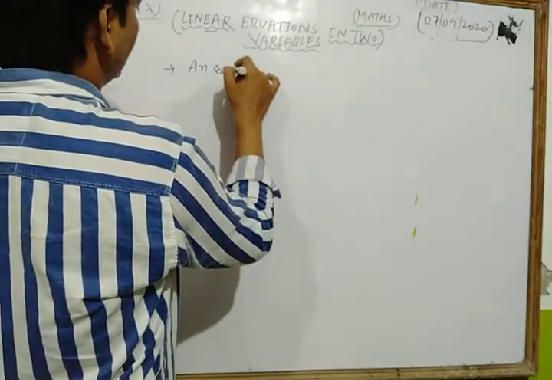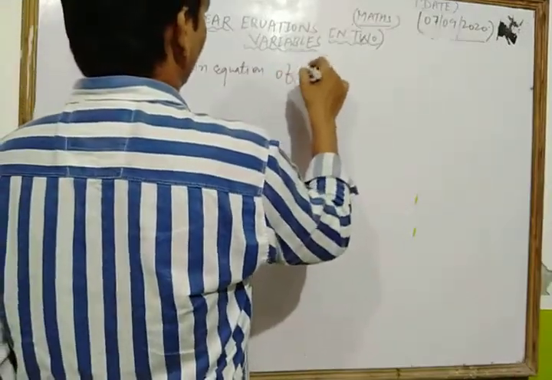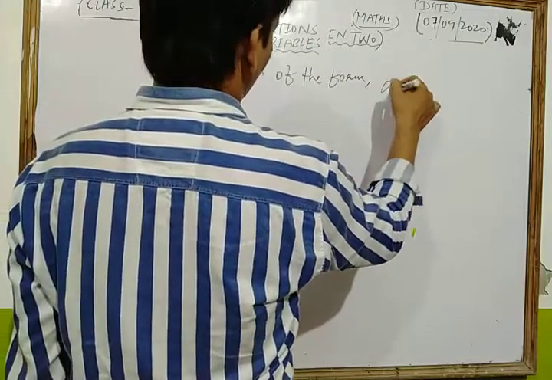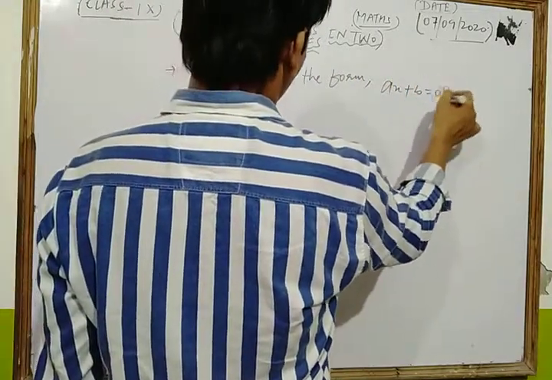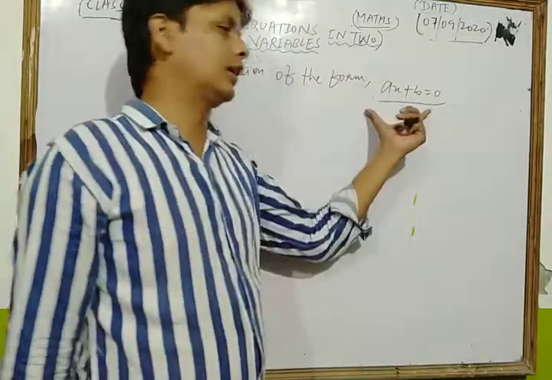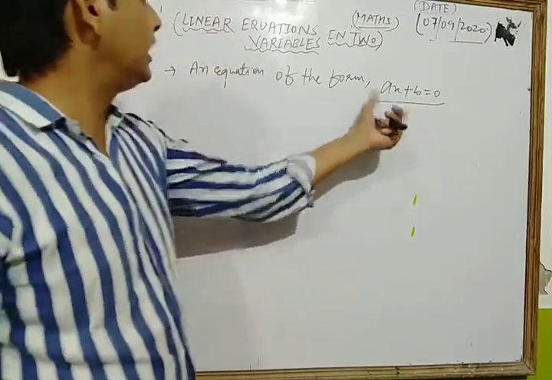An equation of the form ax plus b is equal to 0 is what? A linear equation.